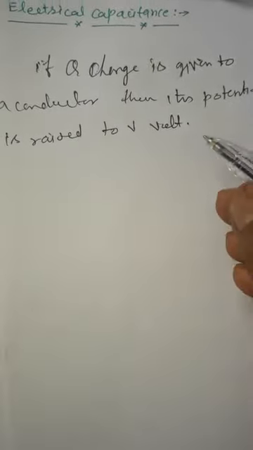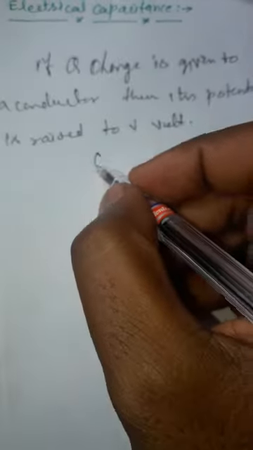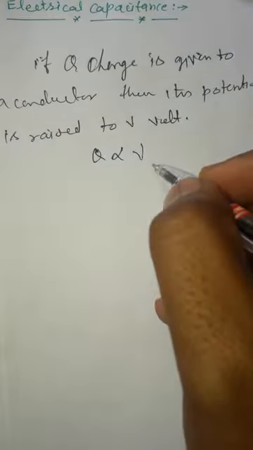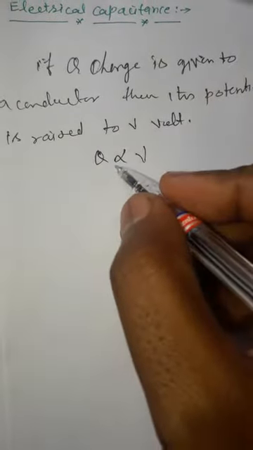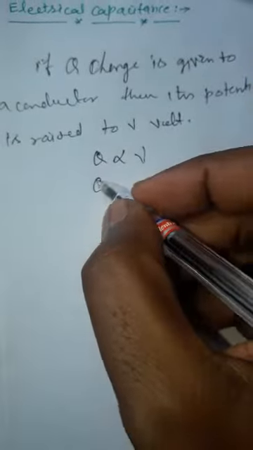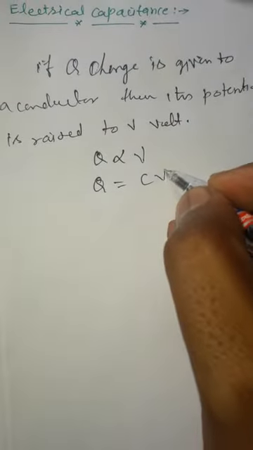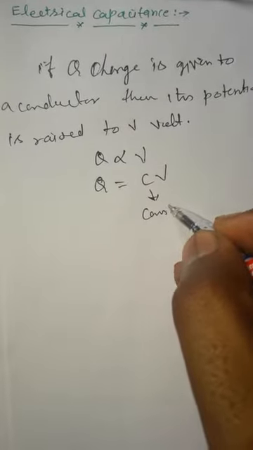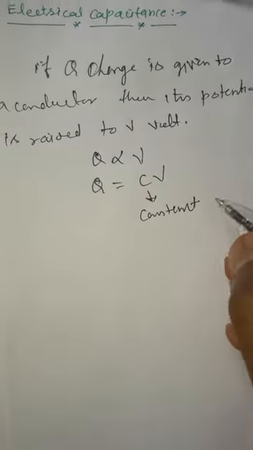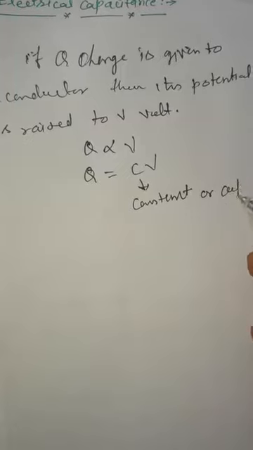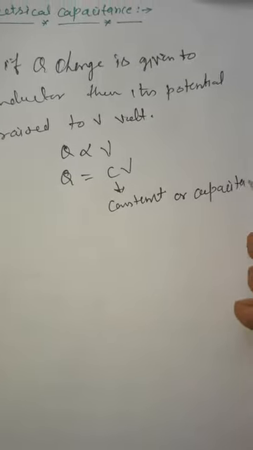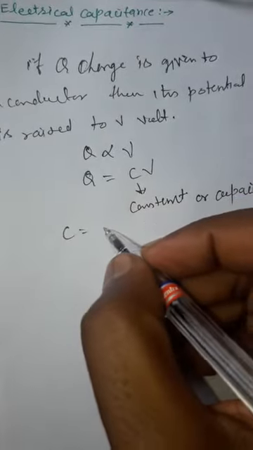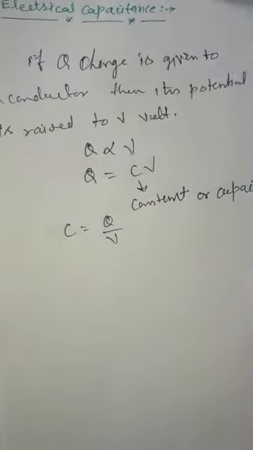Okay, then it is clear that Q is proportional to V, or we can say Q must be written as CV, where C is a constant known as capacitance. Okay, so from this C must be equal to Q upon V.